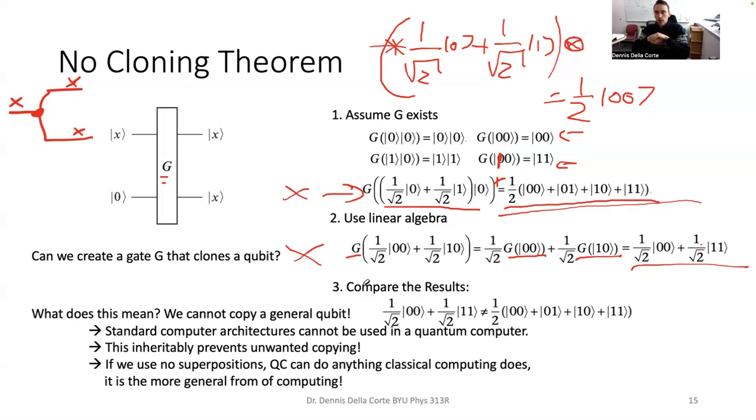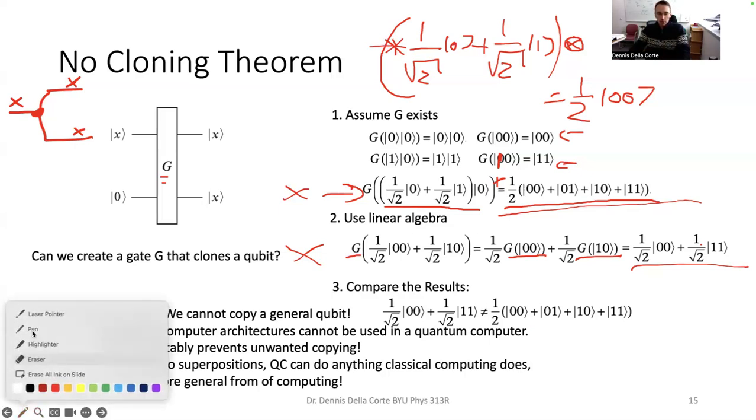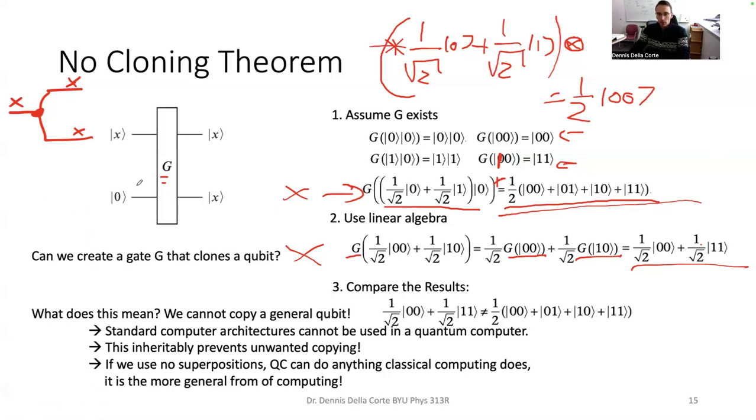The problem really comes from the world of superpositions. As long as we take specific qubits, like the ones that we had up here, if we only use these qubits, the 0 and 1s, that's fine. Those can be copied with a gate G. So those qubits are fine.